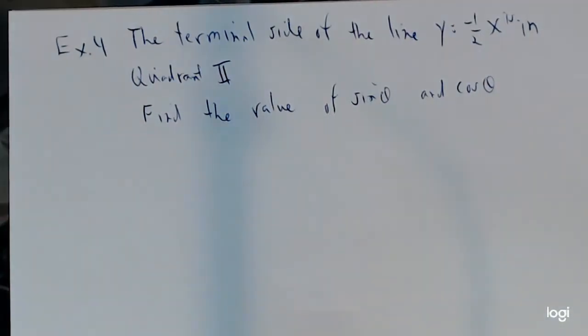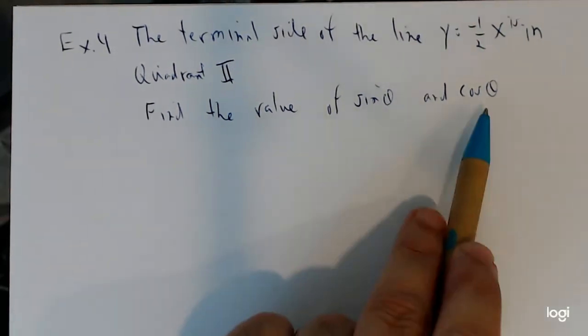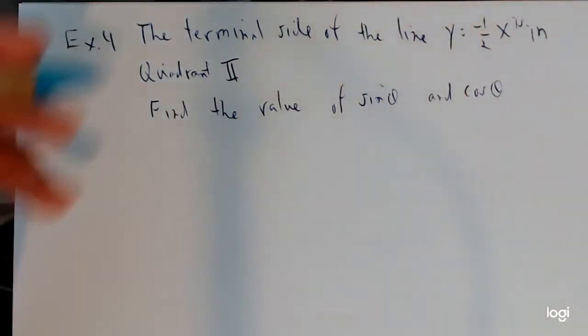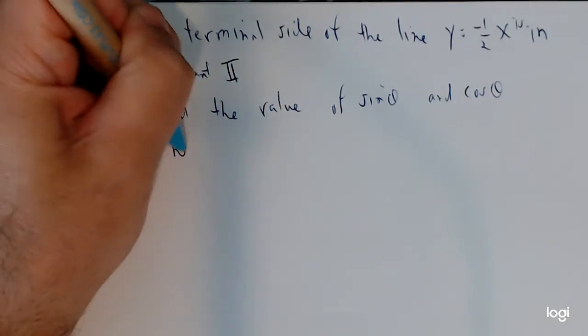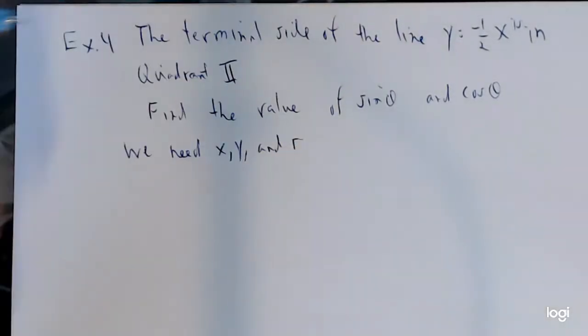Anytime you're given information like this and asked to find sine of theta and cosine of theta, the key is that we need x, y, and r.